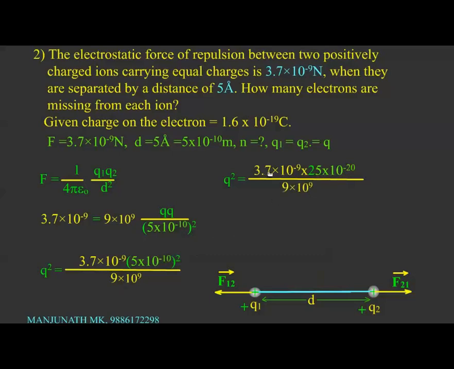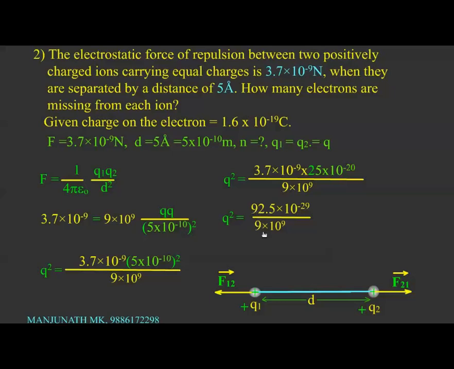Now multiply 3.7 and 25. We get 92.5 into 10 to the power of minus 9 minus 20, 10 to the power of minus 29. Look here, this 10 to the power of plus 9 becomes minus in the numerator. Therefore it becomes 10 to the power of minus 29 minus 9, that is 38.